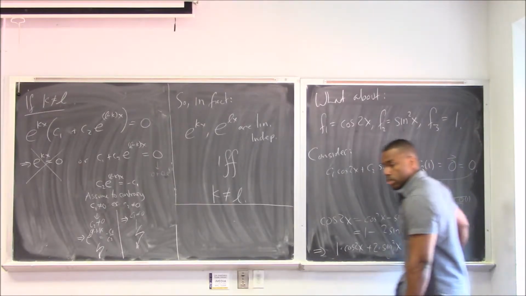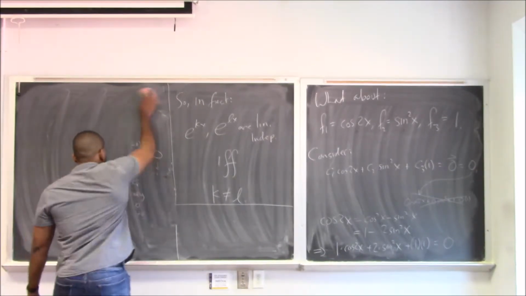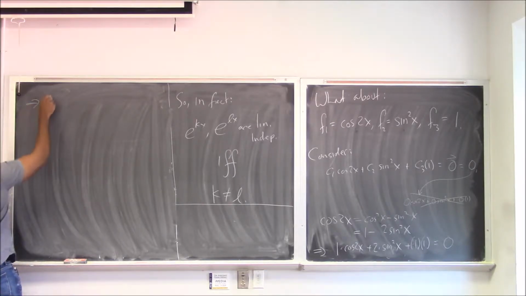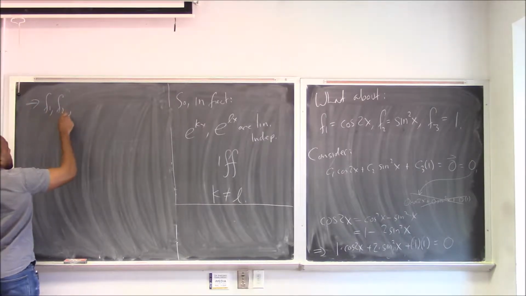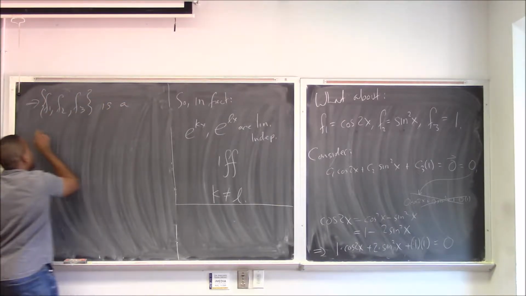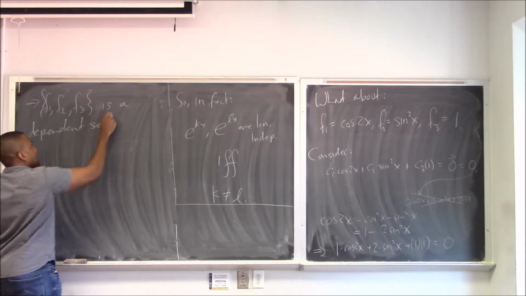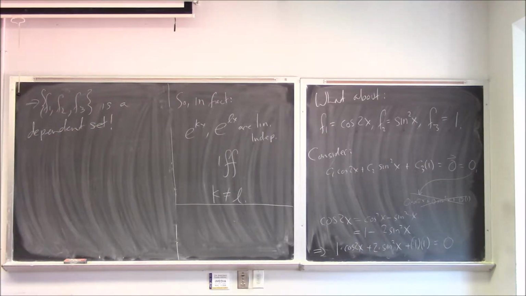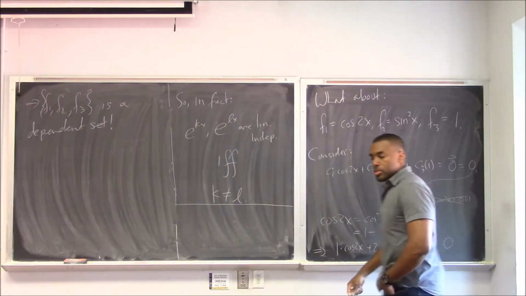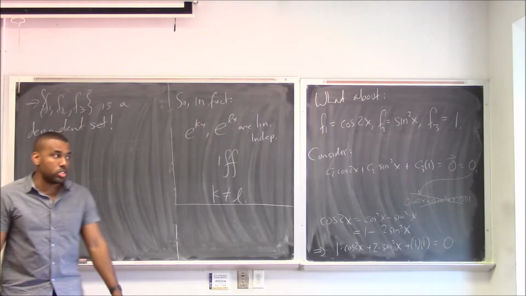It's a non-zero solution, therefore these are dependent. So we can find a non-zero solution. You can start to see that there are some challenges here when it comes to random continuous functions, and various vector spaces will present their own challenges.